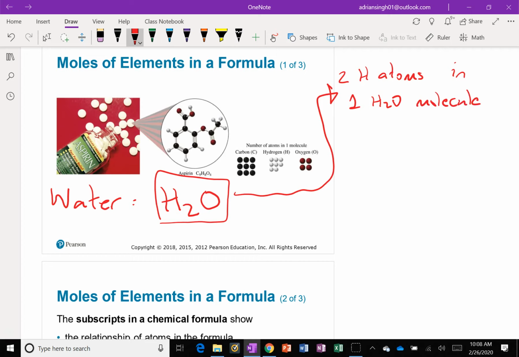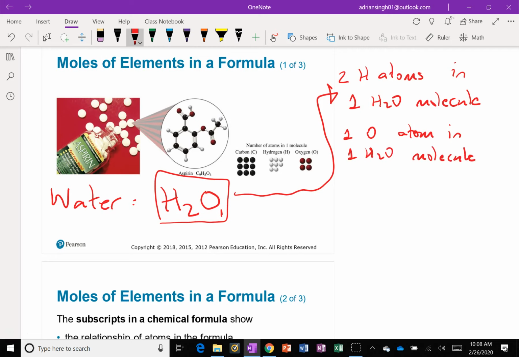This formula also tells us that there's how many oxygen atoms in one water molecule? 1, right? The subscript for the oxygen is 1. We don't typically write the 1 in, it's understood. So we have 1 oxygen atom in one water molecule, right?